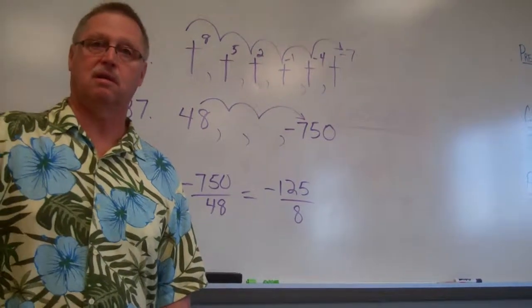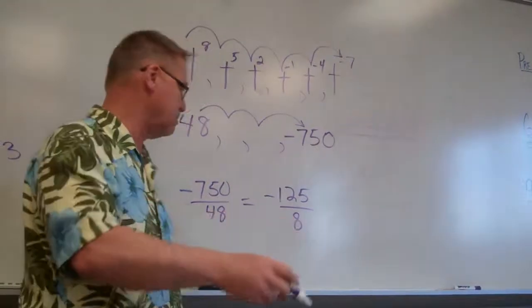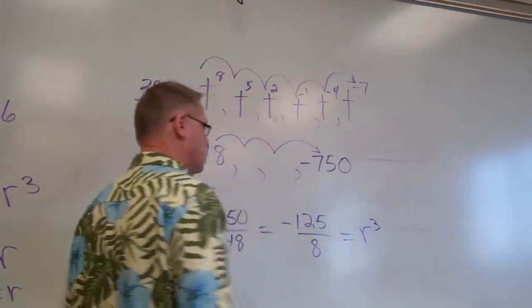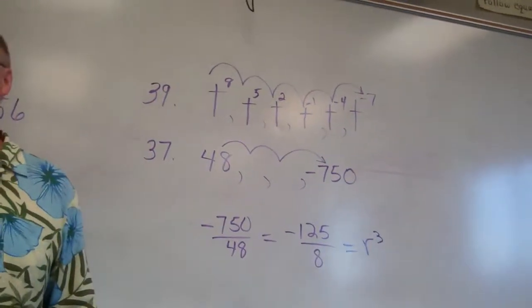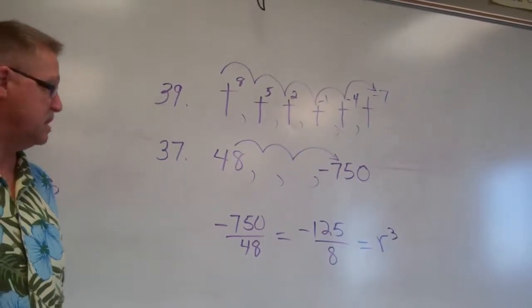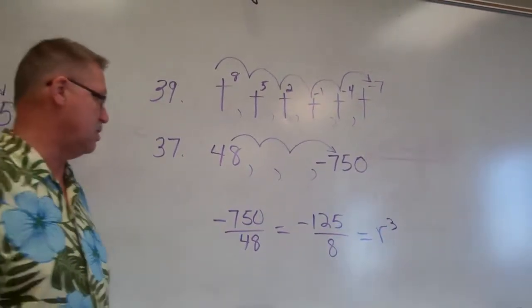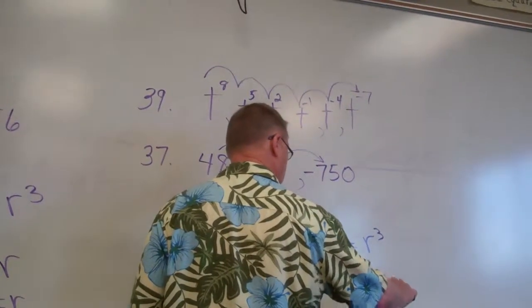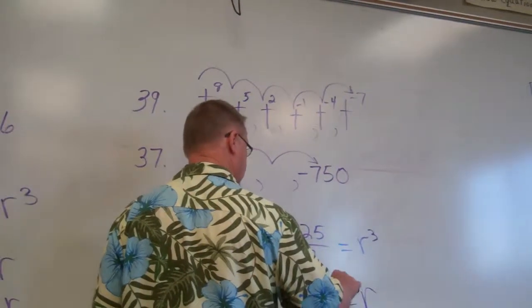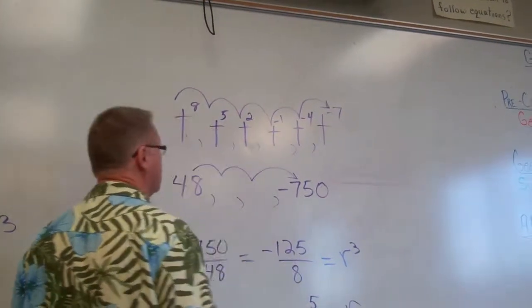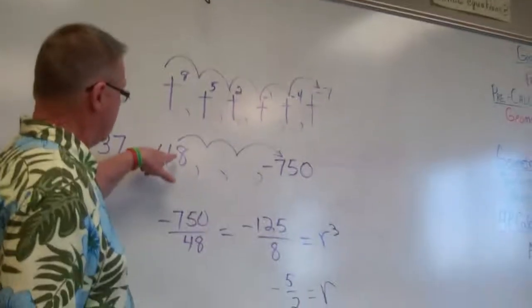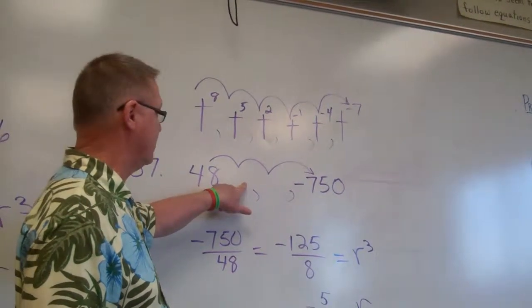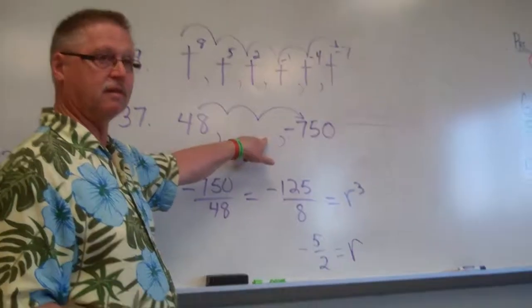So what number times itself 3 times gives you negative 125 over 8? In other words, that's 3 r's times each other, right? So we just have to figure out r from that. We just do a cube root of negative 125 over 8. Looks like that one's going to be negative 5 over 2. So Lindsay, if you took this times -5/2, you'll have that one. And if you take that times -5/2, you'll have that one.